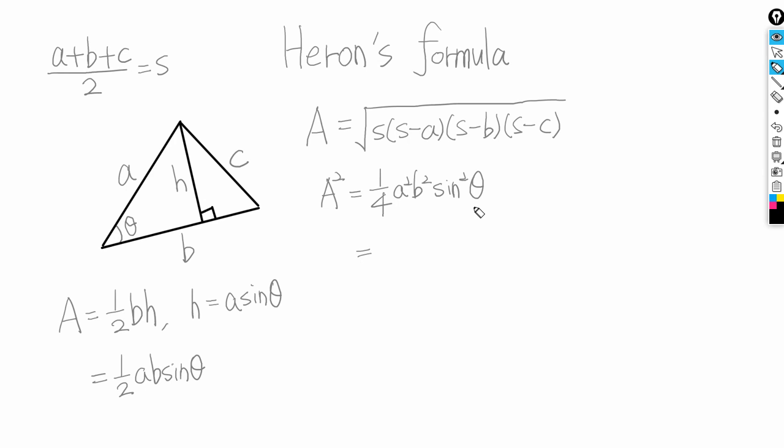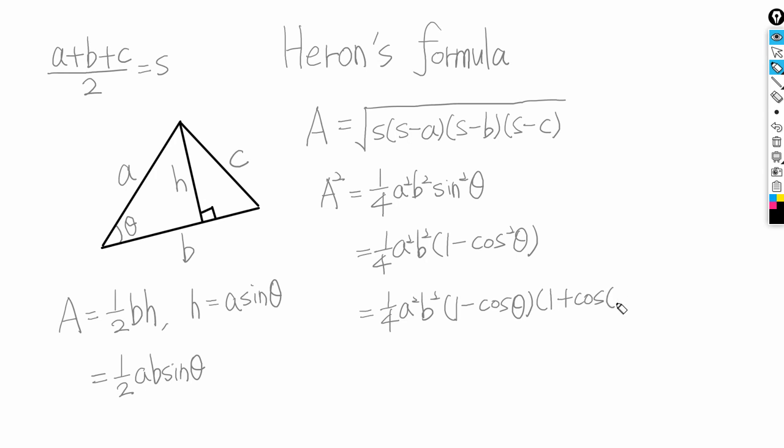And using Pythagorean trig identity, sine squared theta is equal to 1 minus cosine squared theta. And if we use sum and difference formula, 1 minus cosine squared theta is factored into 1 minus cosine theta times 1 plus cosine theta.